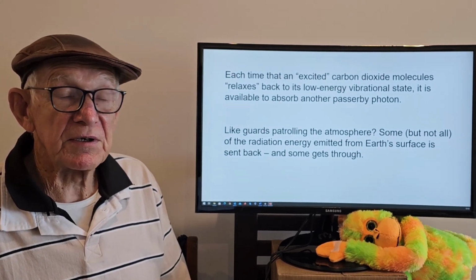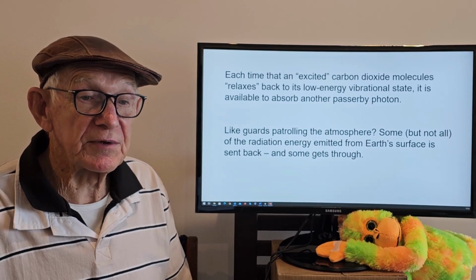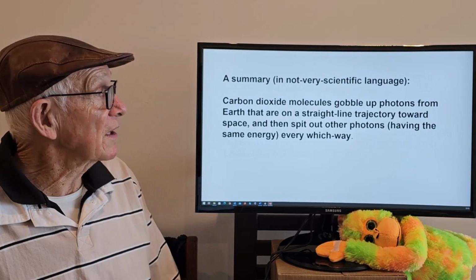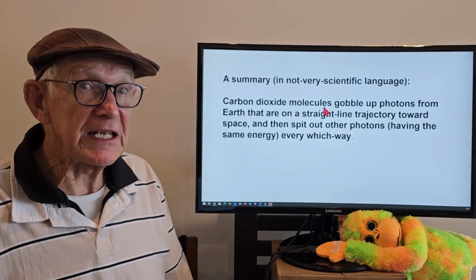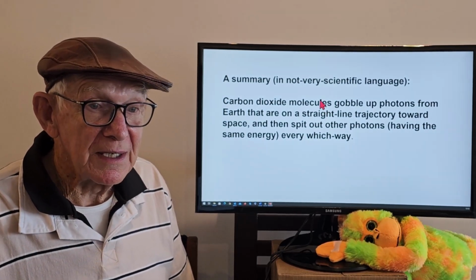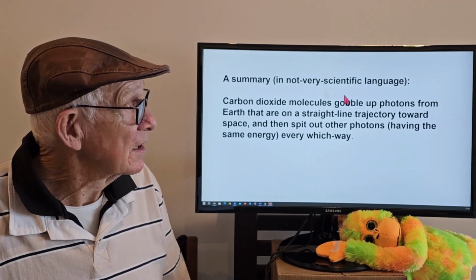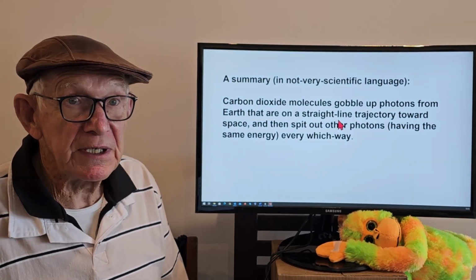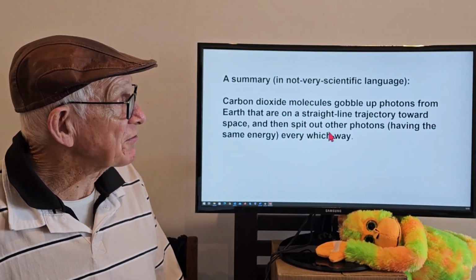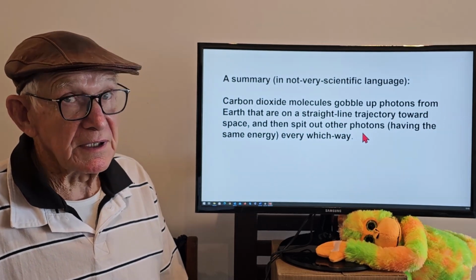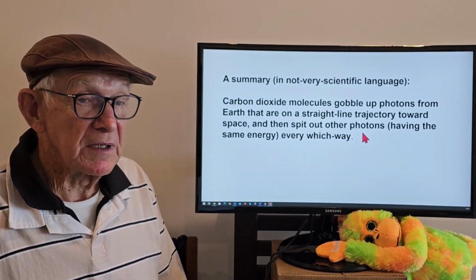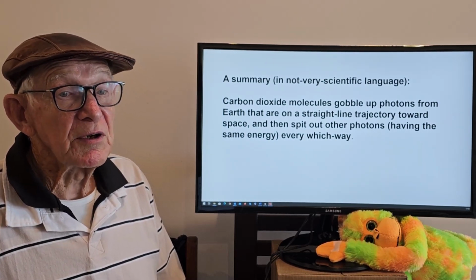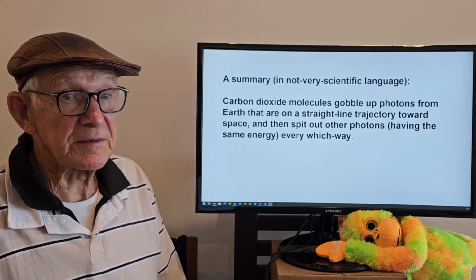And some of the photons get through the patrols and some don't. So, in summary, in very colloquial language, carbon dioxide molecules gobble up photons from Earth that are on their straight line trajectory towards space, and then they spit out other photons that have the same energy as those they gobbled up every which way. And it's pretty much as simple as that.